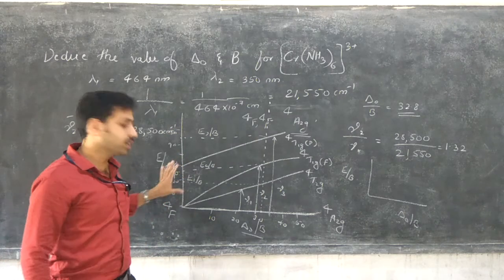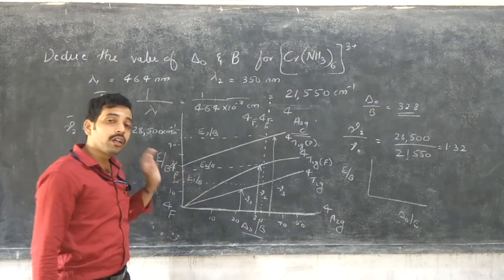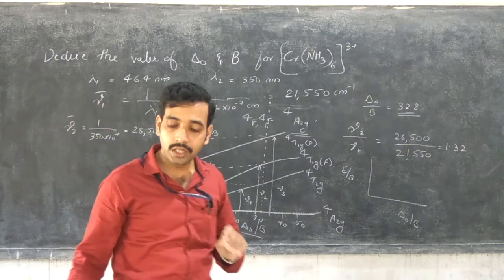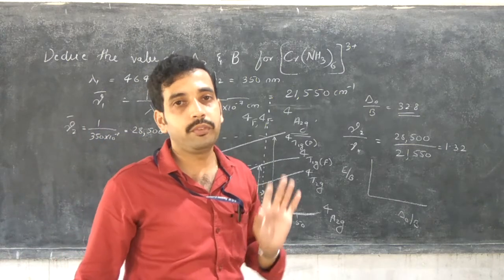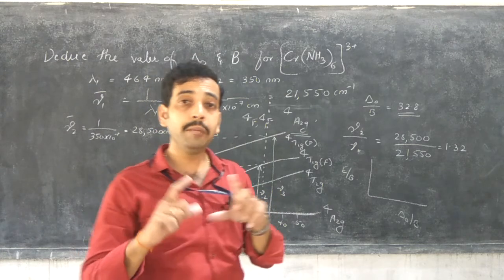An approximate line should be drawn, but by calculating the energy it's a neat graph. Either we can observe it from the books, it's a ready-made graph.